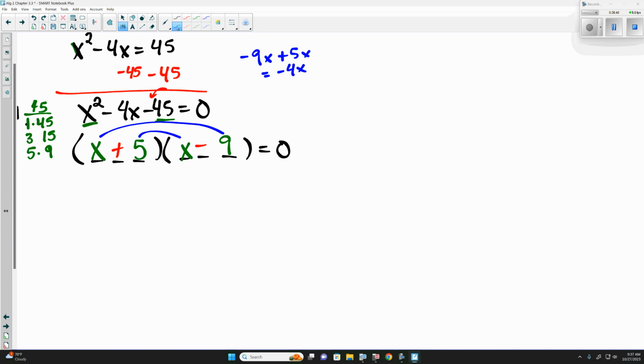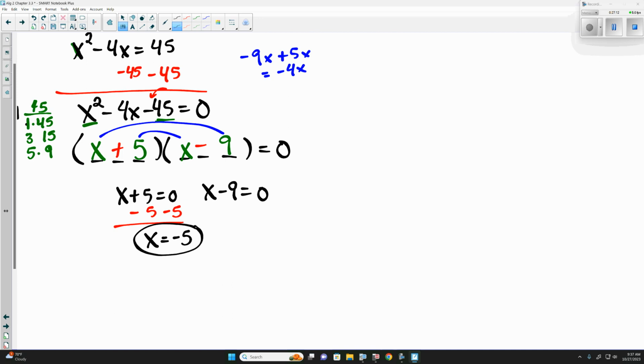Well, leading into the last step, two things multiplied together to equal 0. One of them must be 0. Either x plus 5 is 0 or x minus 9 is 0. Yes. Because for x plus 5 equals 0, we would subtract 5 from both sides. Minus x is negative 5.